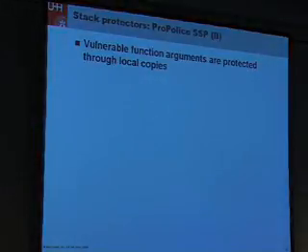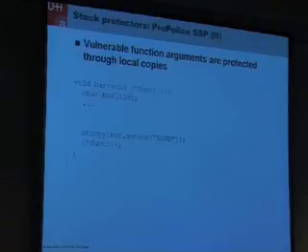So Propolis does protection of function arguments through local copies. If we have a function bar that expects a function pointer func as a parameter, without any protection, this function pointer can be overwritten by a buffer overflow of buff, and so func can point to anything we want func to point to. Propolis does this with our program.